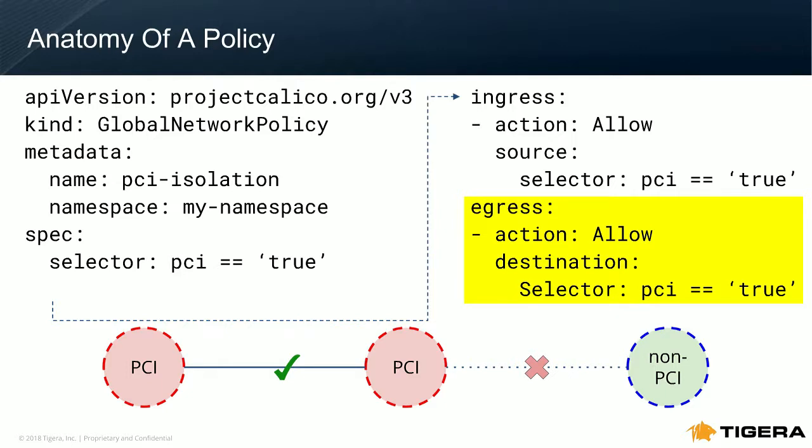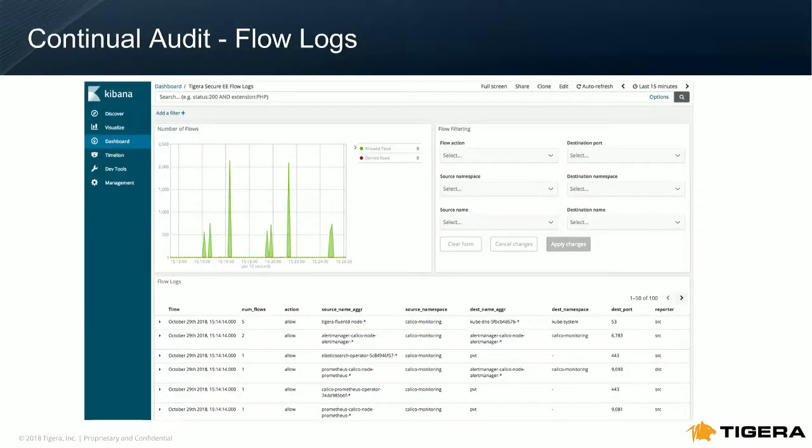So I now have a policy called PCI isolation. What I next want to be able to do is see if indeed my traffic is flowing through the PCI isolation path. I can look at my flow logs in a system like Calico, Tigera's Enterprise Edition.